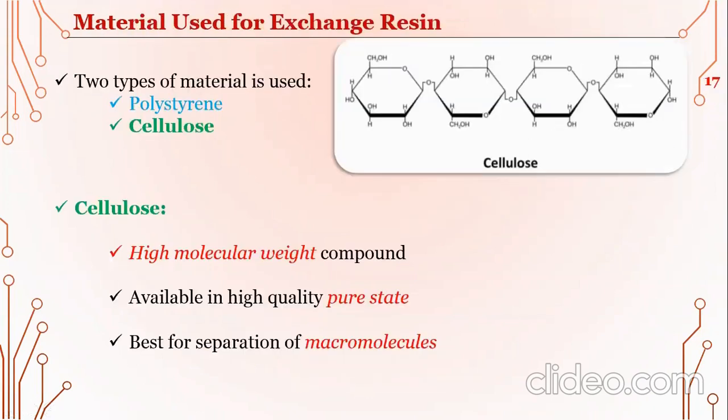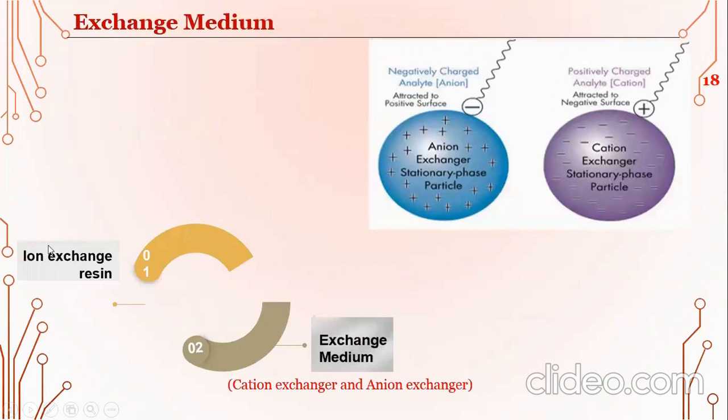And next, we are done with the ion exchange resins, these exchangers. And what about the exchange medium? So in the exchange medium, this will be the stationary phase, and this is the anion exchanger, and anions are the negative charges.